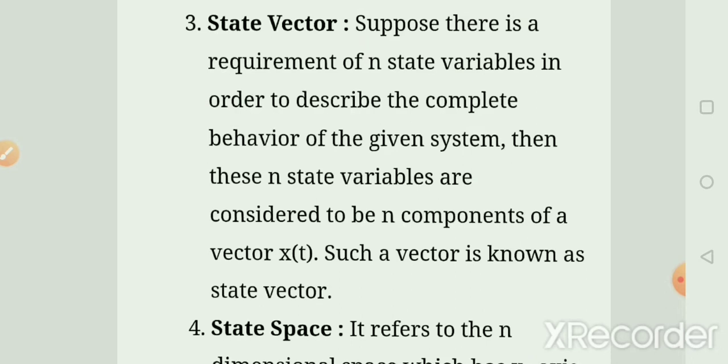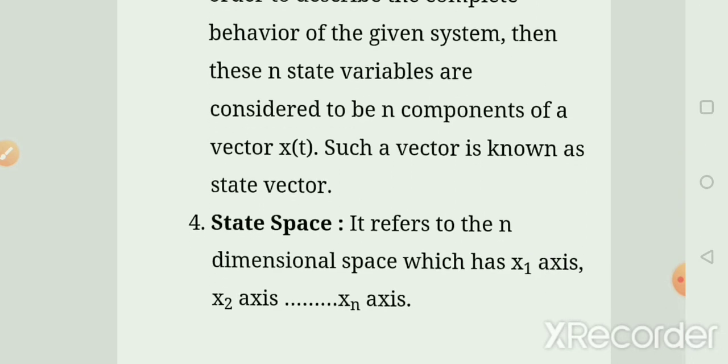Now the next is state space. It refers to the n-dimensional space which has x1 axis, x2 axis and xn axis. It means x1, x2 till xn are the state variables.